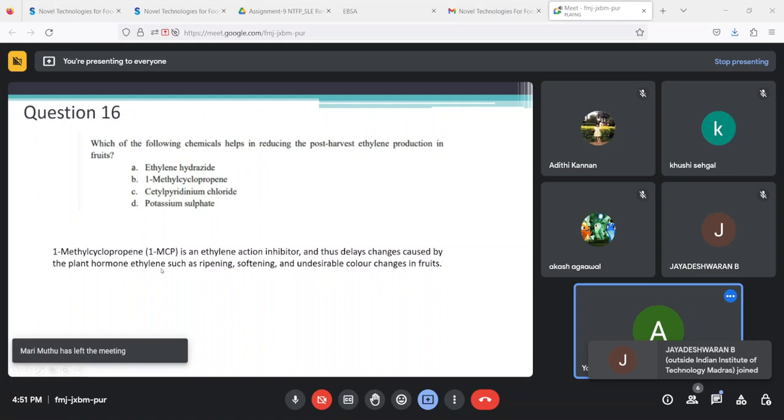These two are competitors: ethylene and 1-methyl cyclopropene compete for the same receptor. So when you add the chemical, ethylene will no longer be able to bind to the receptor, and all these processes such as ripening, softening and color changes will be prevented. This is the mechanism of action of 1-methyl cyclopropene. The answer is option B.